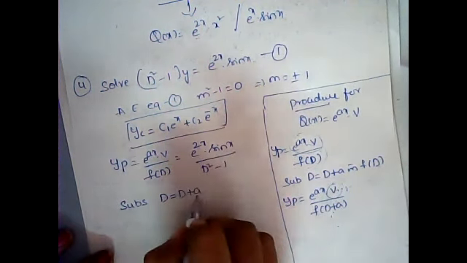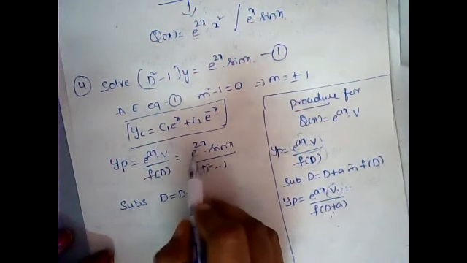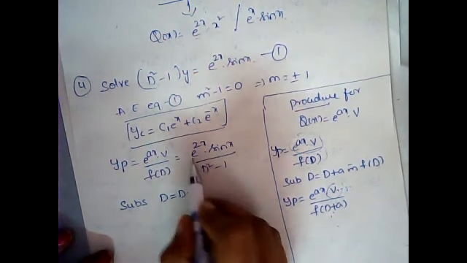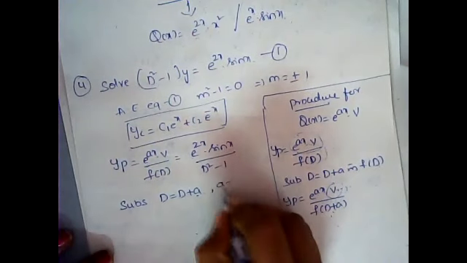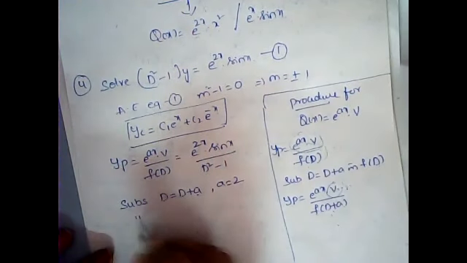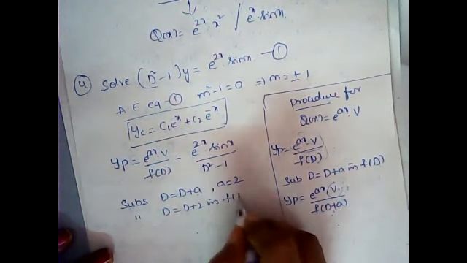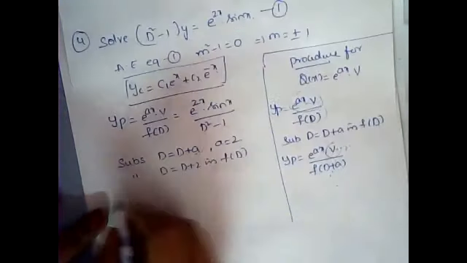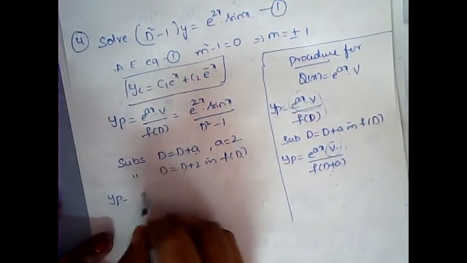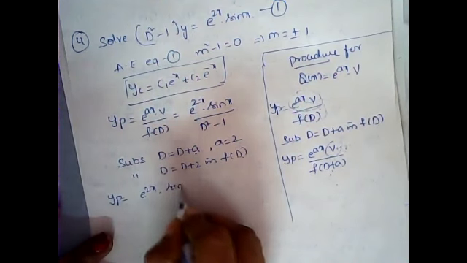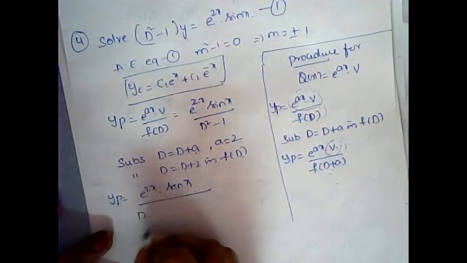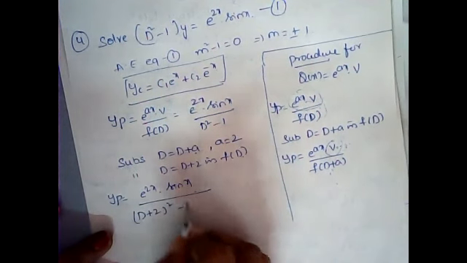What is a here? a is 2, so we substitute D equals D plus 2 in f of D. So yp equals e power 2x into sin x by (D plus 2) whole square minus 1.